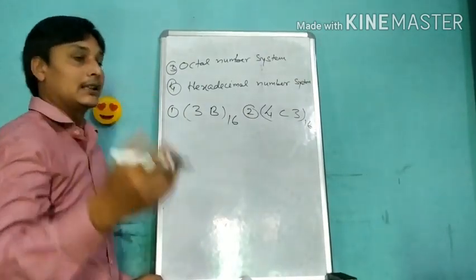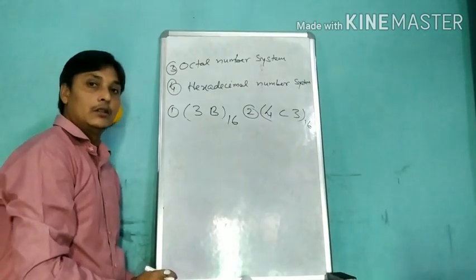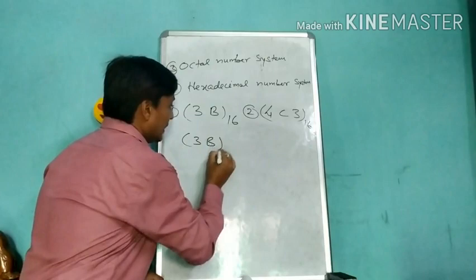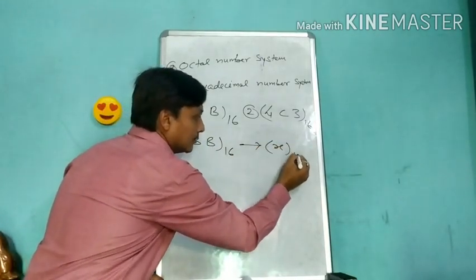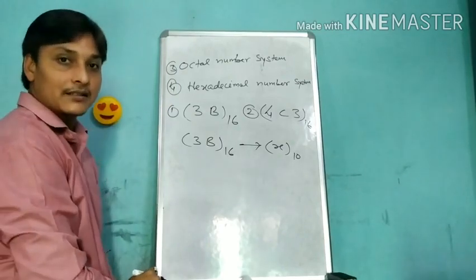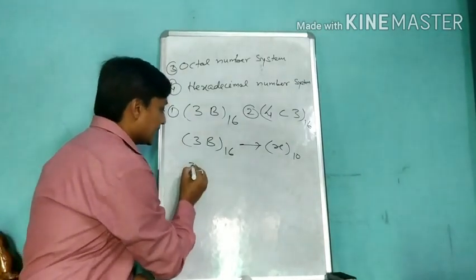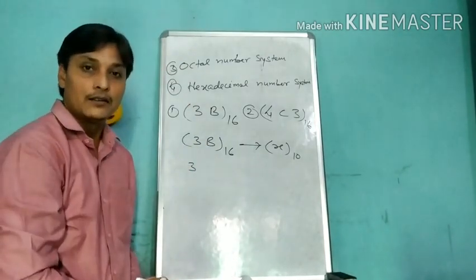Now, what is the method? We have to convert this number system into decimal first. So how can you write? You will write 3B base 16 and convert this number to its decimal equivalent. So we will write 3 as it is. And what is the value of B? 10?